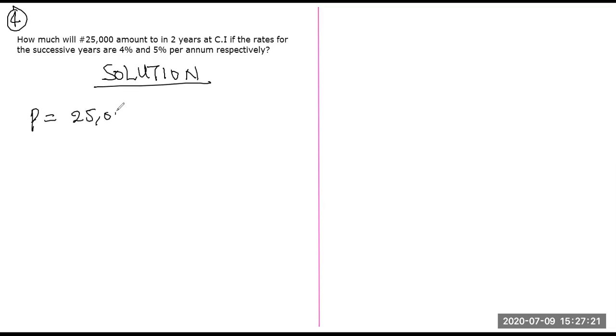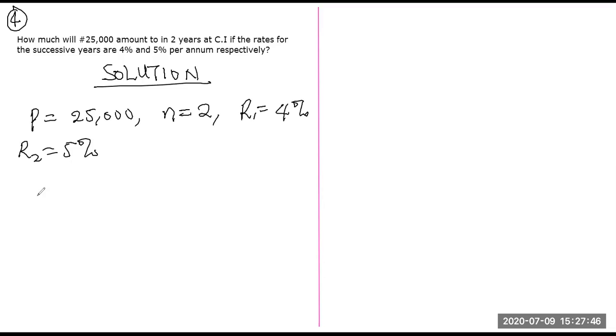Then what's our rate? Our rate is in per annum, and our N is also in years, so they are compatible. So N is equals to 2, and our rates, we have the first one for year 1 equals to 4%. Okay, year 2 is equals to 5%. The rate is changing for the 2 years.